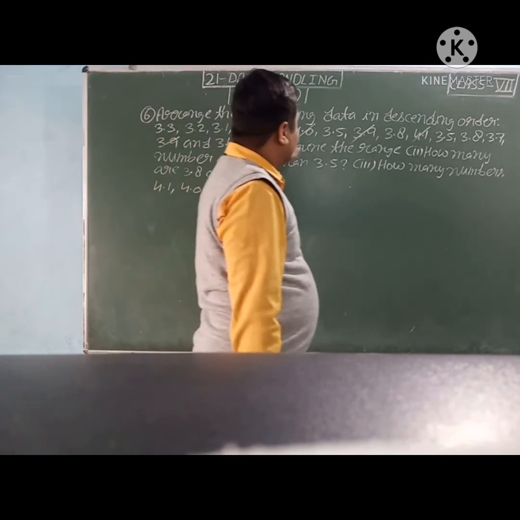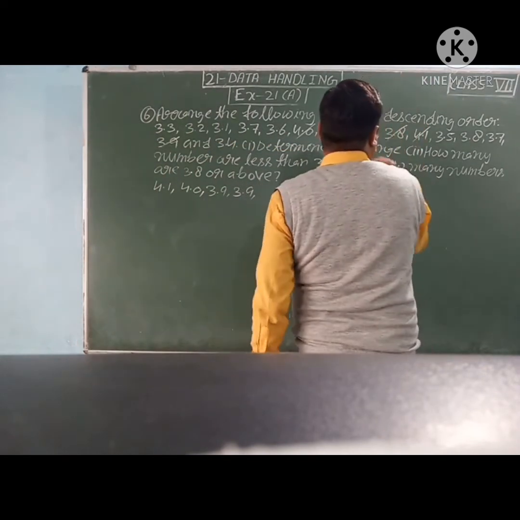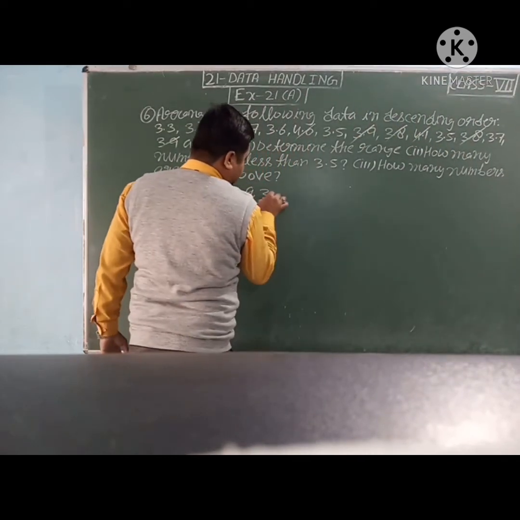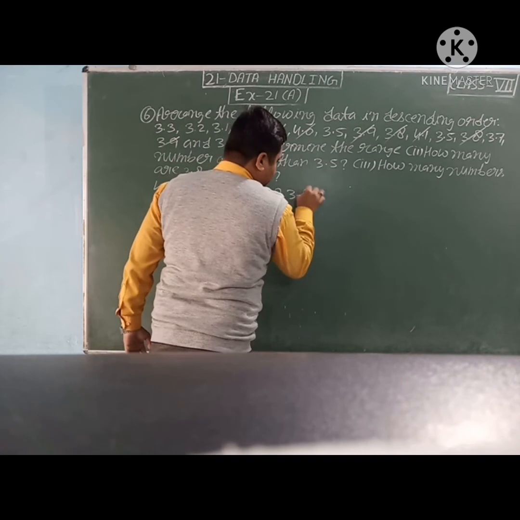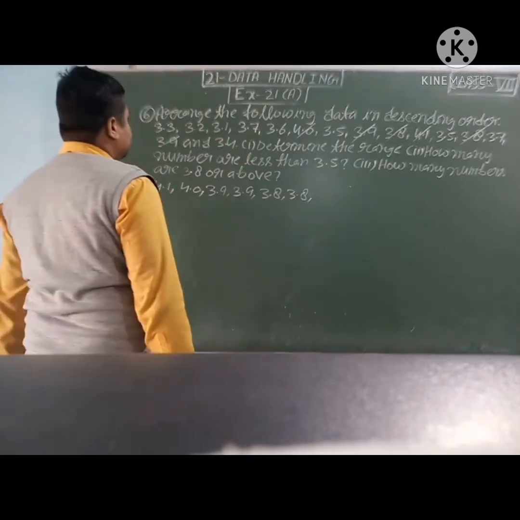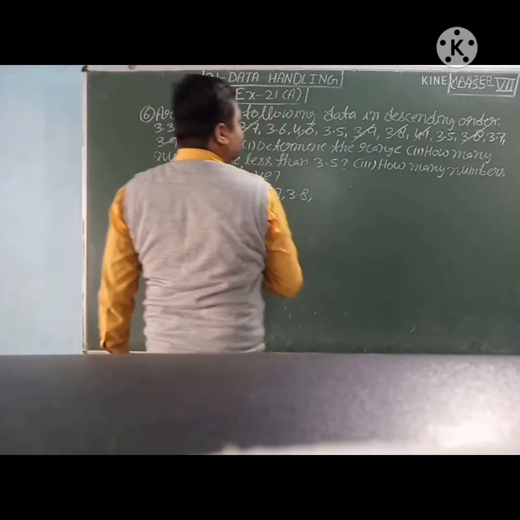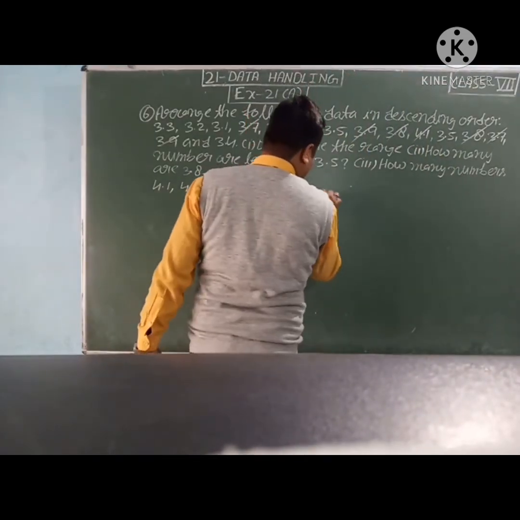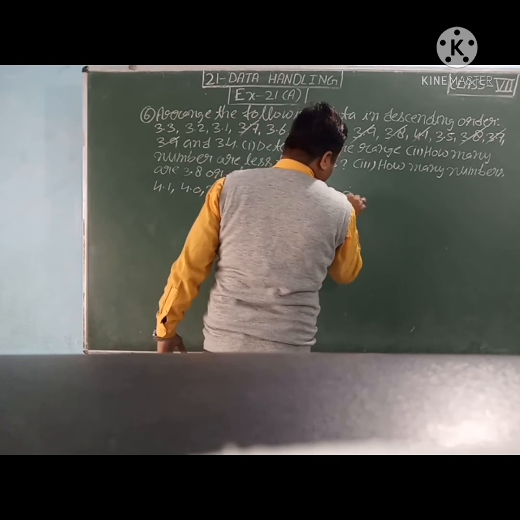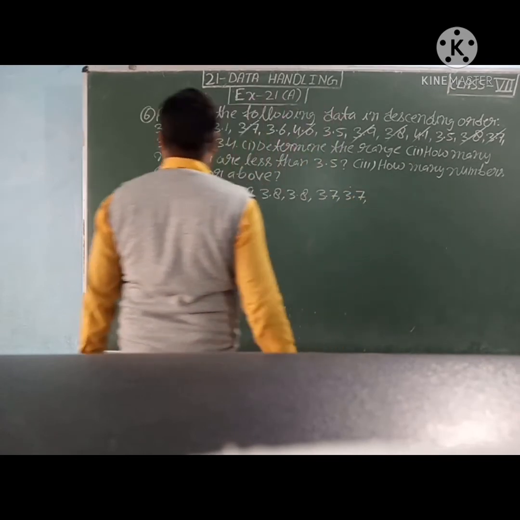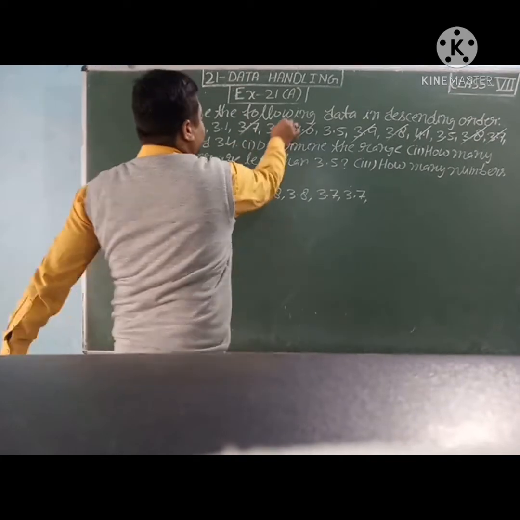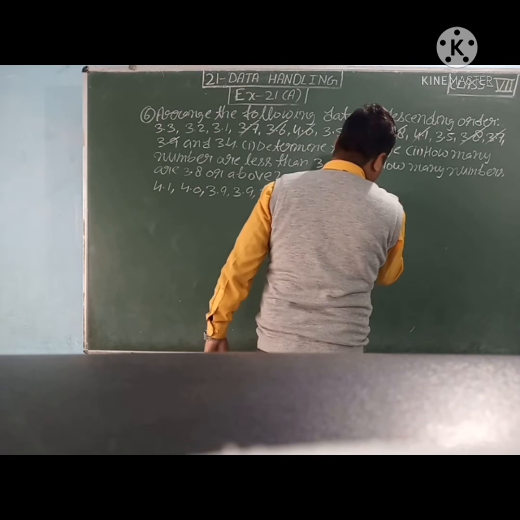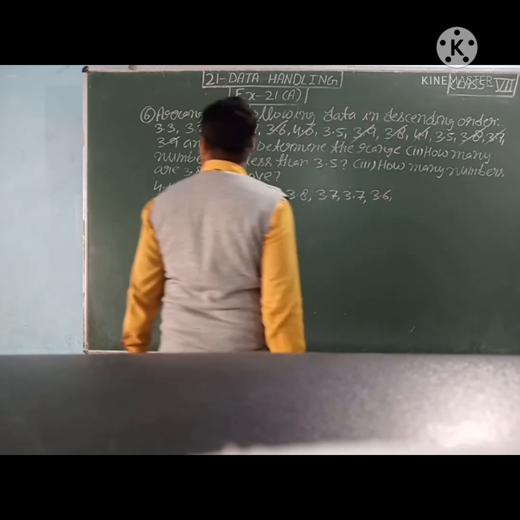Then 3.8, 1, 2, 2 times 3.8. Then 3.7, 1, 2, 3.7, 3.7. Then 3.6, 1 time 3.6.